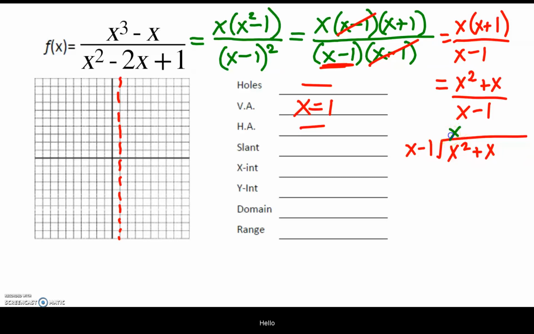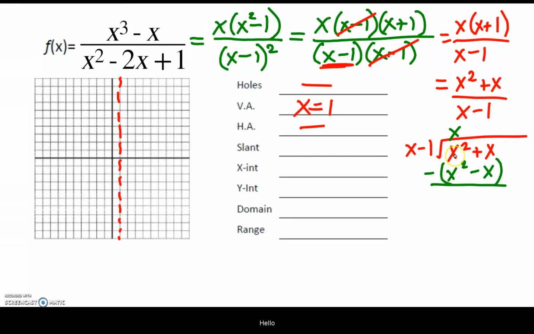So x times x gives me x squared. Now I take this x and multiply it by each of the terms of the divisor. And don't forget to subtract. This is the step where most people missed points on the quiz last week.